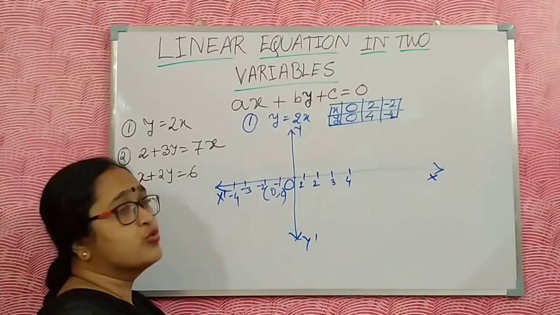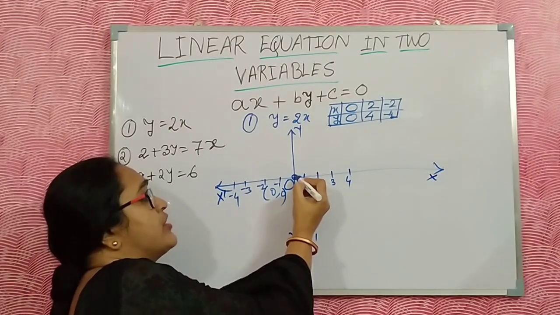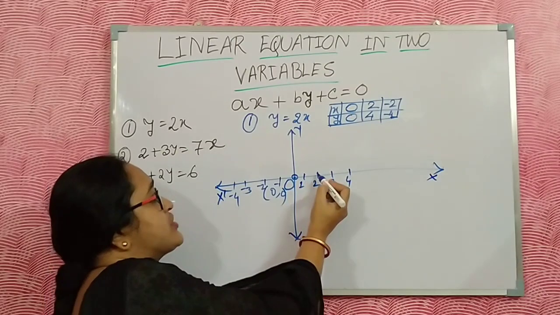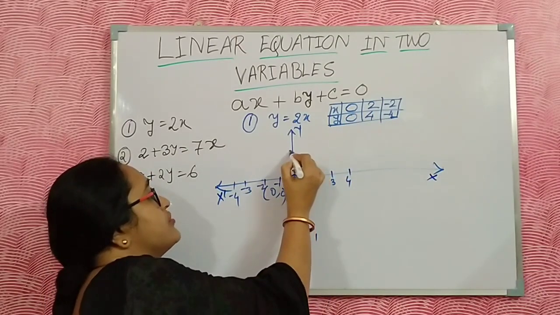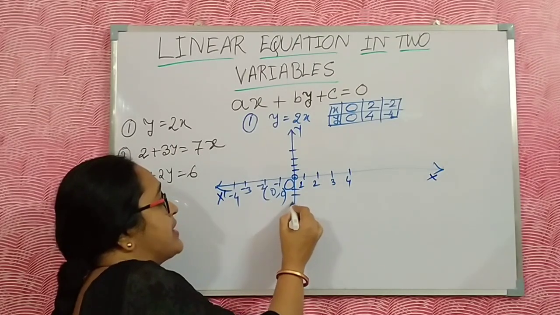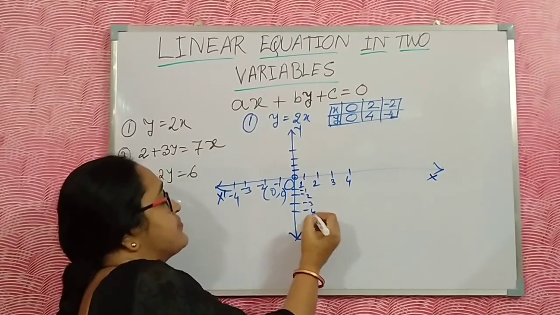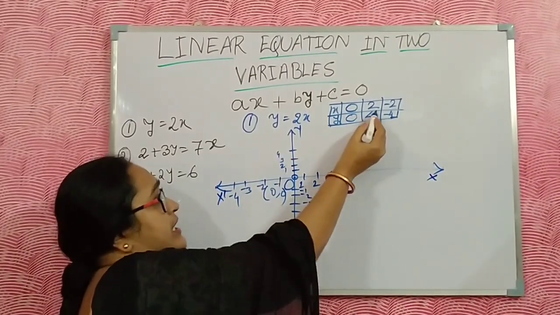Now you put the values, first 0, 0. All the students know how to plot. Then 2, 4.